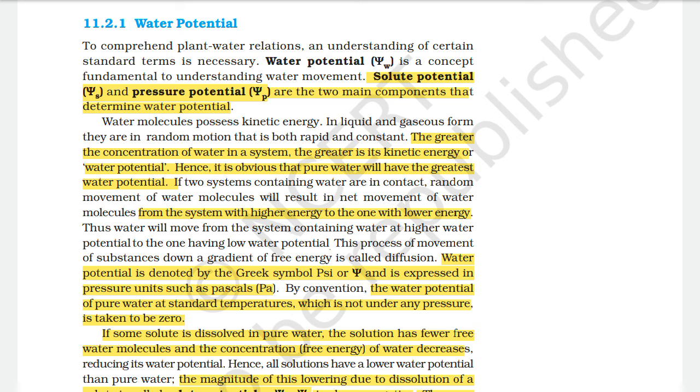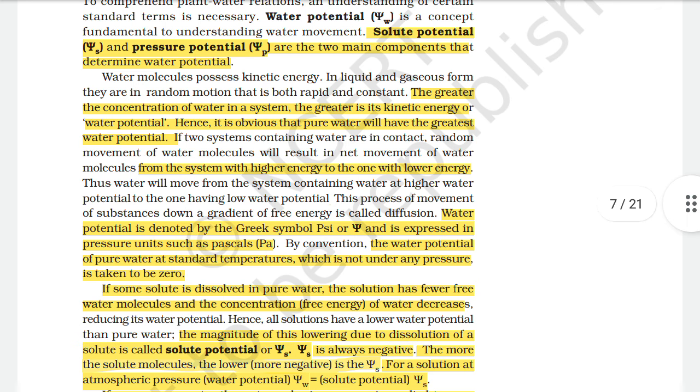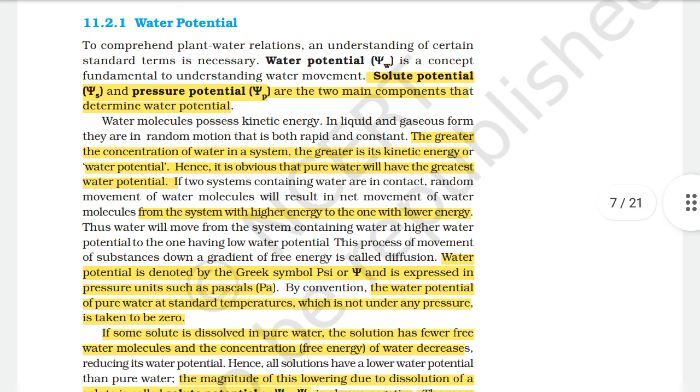The next important topic is water potential. What is water potential, which factors does it depend upon, what is its unit, and what is its symbol? Let's read all this. The symbol for water potential is psi, the Greek symbol psi. It is expressed in pressure units like pascals.